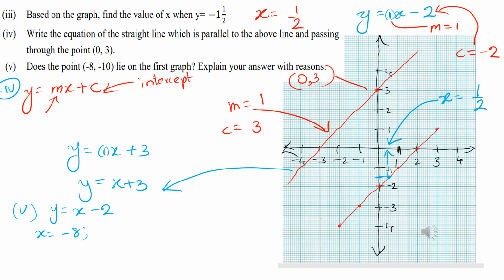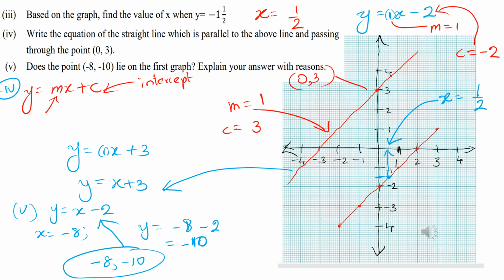So we'll try to figure this out. x is equal to minus 8, then y equals minus 8 minus 2, which equals minus 10. So yes, when x is minus 8, y is minus 10, and that means the point (-8, -10) lies on this graph.